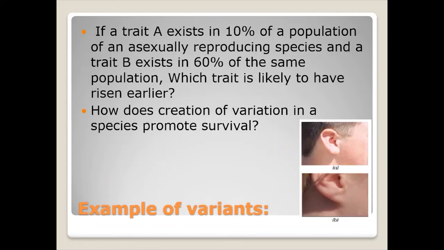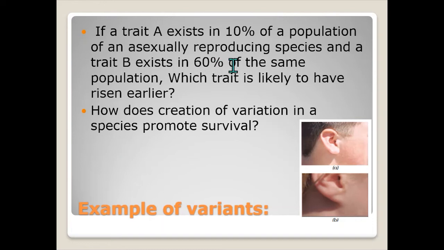Now let us see a few questions. If a trait A exists in 10% of a population of an asexually reproducing species and a trait B exists in 60% of the same population, which trait is likely to have risen earlier?